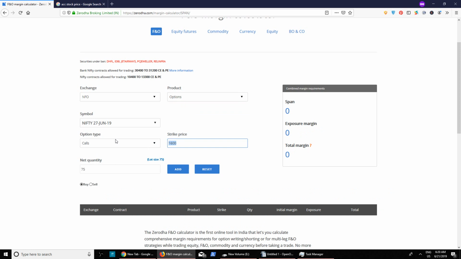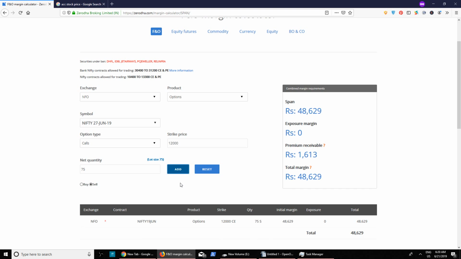The 12,000 strike price call, which you want to sell, is around 48,000. As I told you, the margin requirements have changed a bit, and if you are selling options, the margin is slightly less now compared to futures. But this has probably been changed recently, because previously it was almost the same amount of margin.